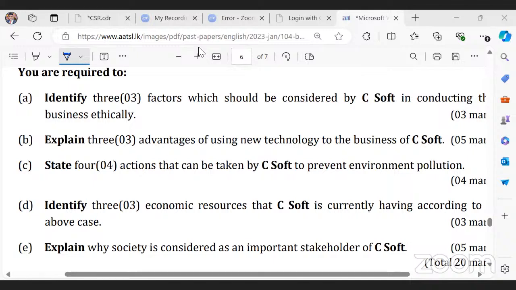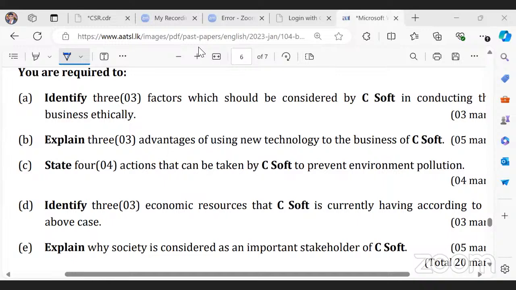State 4 actions that can be taken by Seasoft to prevent environmental pollution, right? You can introduce 4R policy. Mainly you can say recycling, introducing recycling of waste materials and waste water. And comply with regulations introduced by relevant authorities.